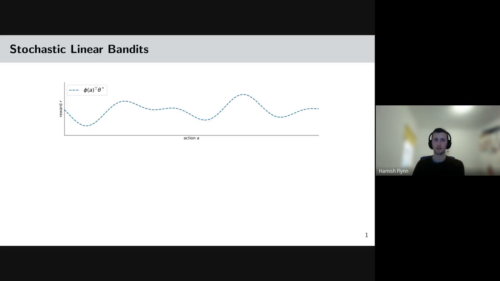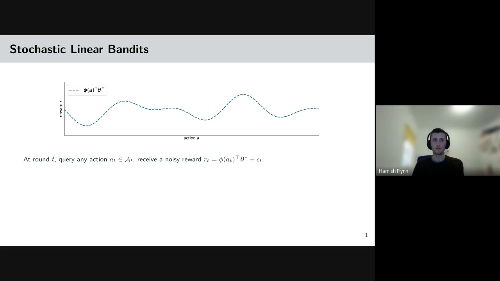Okay, so the setting is the standard stochastic linear bandit problem. We'll assume there's some reward function, such as this dashed line, which is linear in an unknown parameter vector, which I'll call theta star. The reward function can be a non-linear function of the action if we use a non-linear feature map phi.